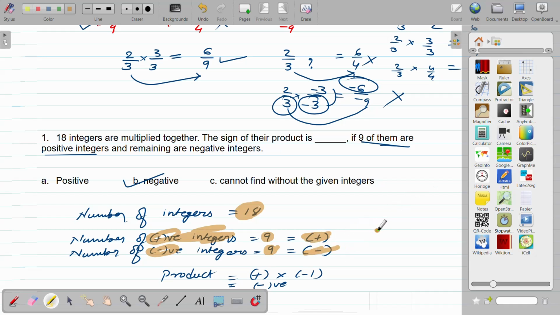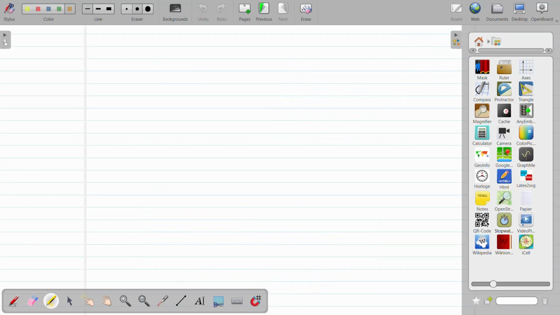And lastly we have to find the product of these two: positive into negative will be negative. Is that understood by everyone? I hope you have understood. Who has not done this, please do that. We will solve the next question.